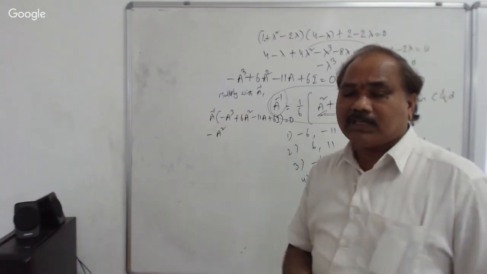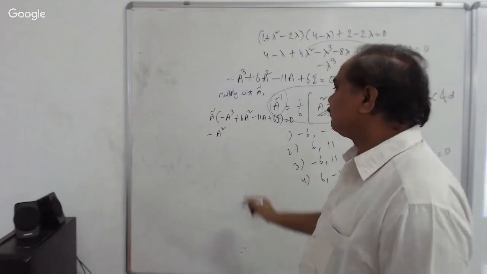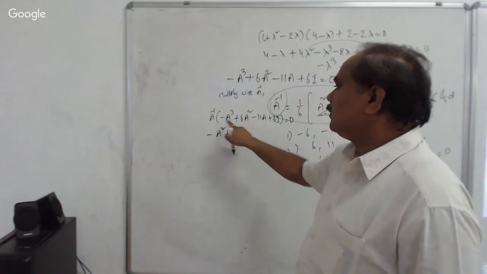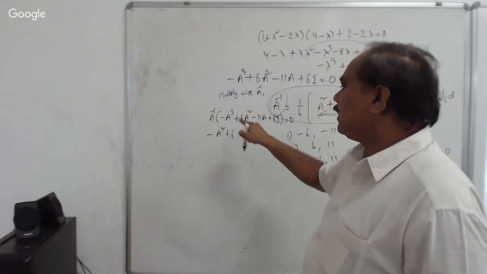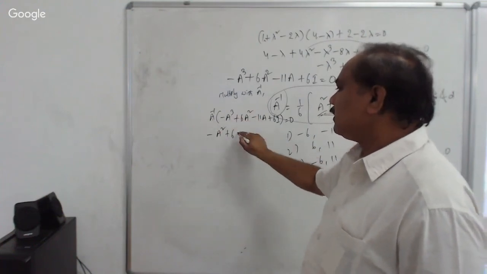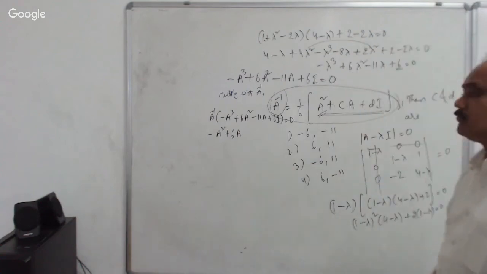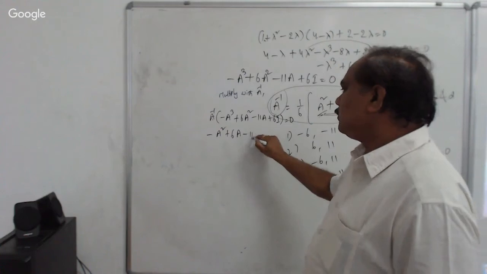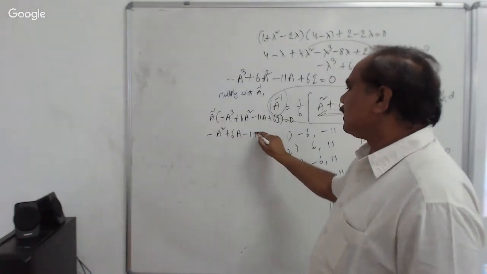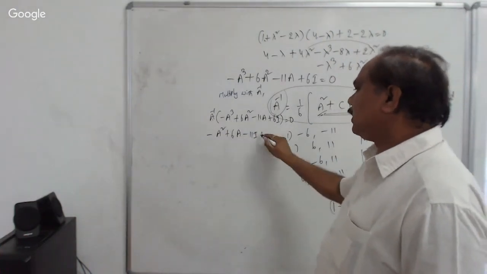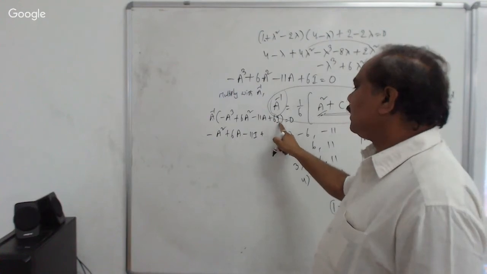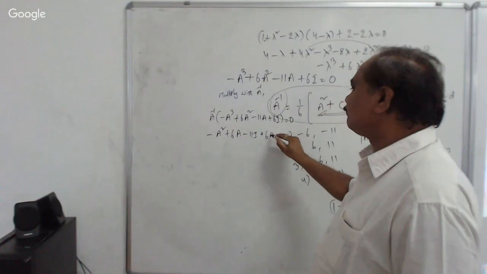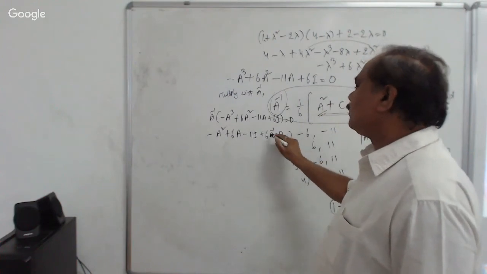A square into I, again A square. Now here plus 6 into A inverse into A equal to I, into 1, A is remaining, minus 11 into A inverse into A is I, plus 6 into I, see, I into A inverse only, equal to.